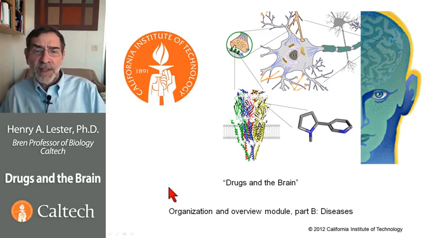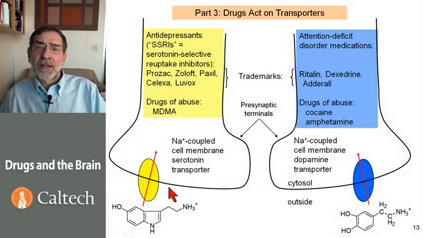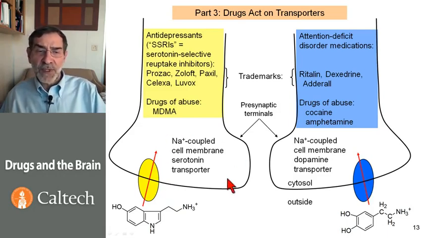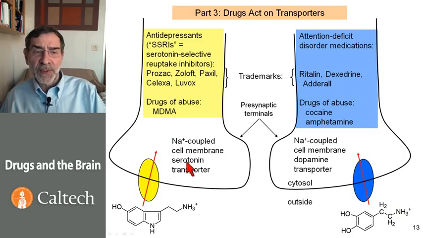The first topic is that drugs act on transporters, in particular neurotransmitter transporters. Two often used classes of drugs these days are, first of all, drugs that act on sodium-coupled plasma membrane or cell membrane serotonin transporters.